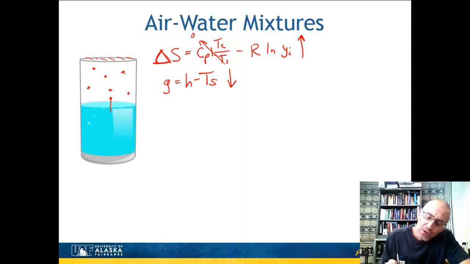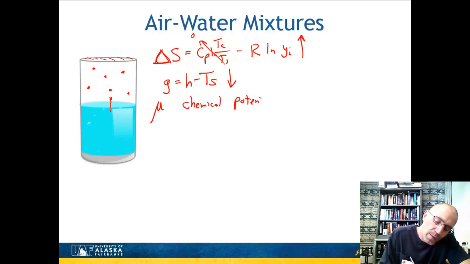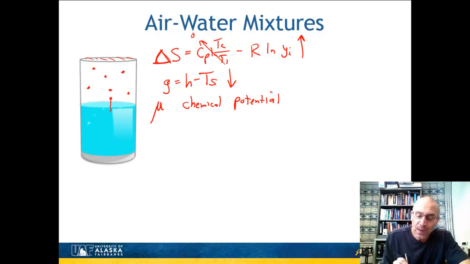And so if we were to talk about the Gibbs free energy of the air-water mixture, actually we should use something called the chemical potential, because it's a mixture. And if you want to learn more about the chemical potential, you should read the little special section at the end of chapter 13. But the chemical potential of this mixture right over here, we'll call it mu of the mixture. There's also going to be a chemical potential of the water down here.